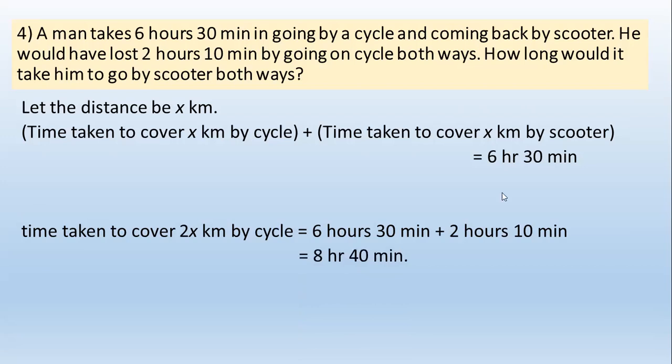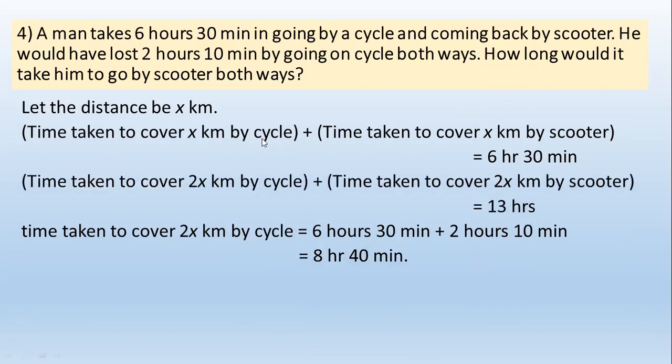Here we have 2x kilometer by the cycle, and we have to find the time taken to cover 2x kilometer by the scooter. So we will multiply this equation by 2. So time taken to cover 2x kilometer by the cycle plus time taken to cover 2x kilometer by scooter is equal to 13 hours.